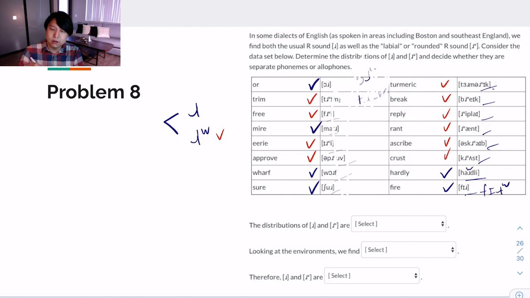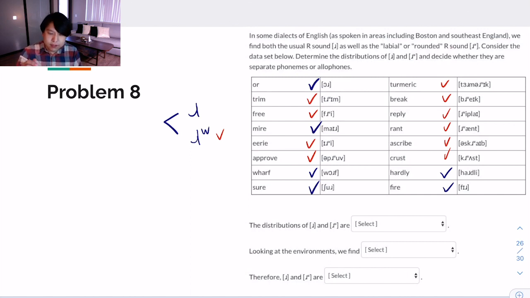So we can conclude that we could not find a minimal pair of these two sounds. It does not automatically mean that these are allophones. We still have to look into whether we can find a rule that describes the environments in which these hypothetical allophones can exist.